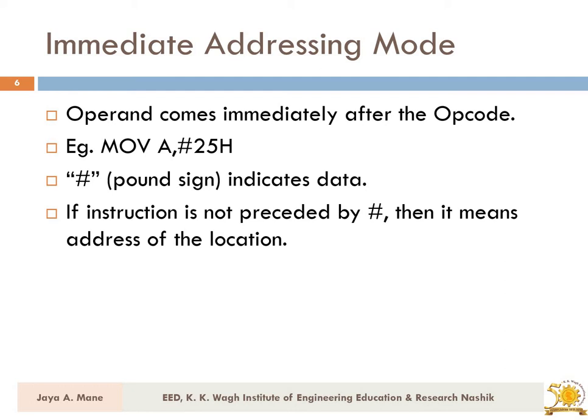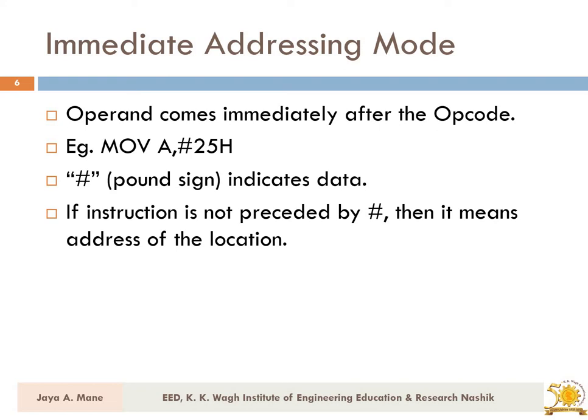If it is with the hash sign, it indicates the data, that means it is the number. So if I say MOV A, #25h, like I have given you the example, whatever number is given over there, that is 25h, it is not the address, it is the number itself. So we are moving 25h directly into the accumulator. A stands for the accumulator.